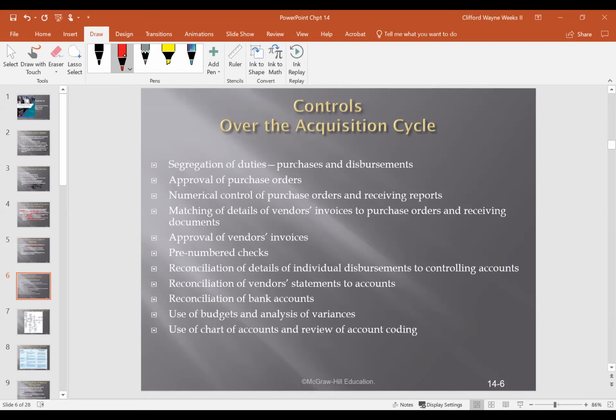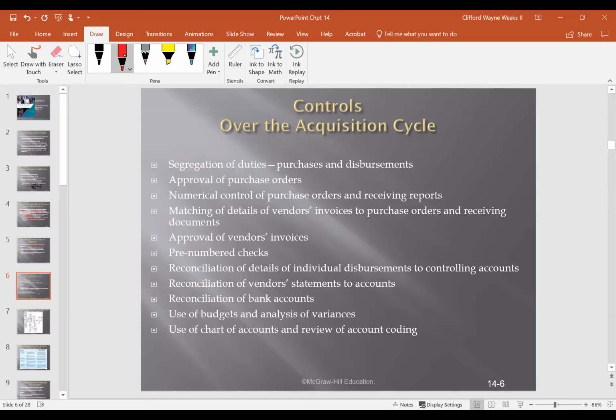Whatever. We want to make sure that we have proper approval of purchase orders, so that people aren't just out there buying whatever they want, or buying things for personal use in the name of the business. Numerical control of purchase orders and receiving reports, matching of the details of vendors' invoices to purchase orders and receiving documents, approval of vendors' invoices, pre-numbered checks, reconciliation of details of individual disbursements to controlling accounts.